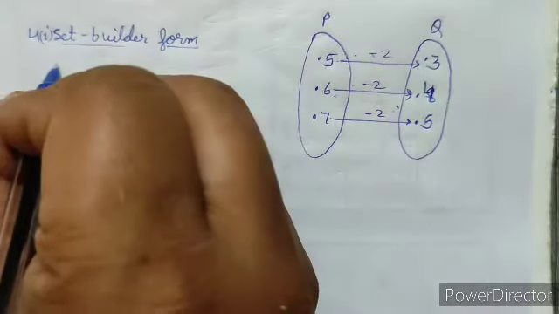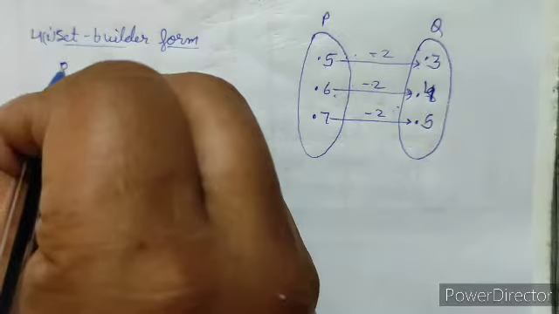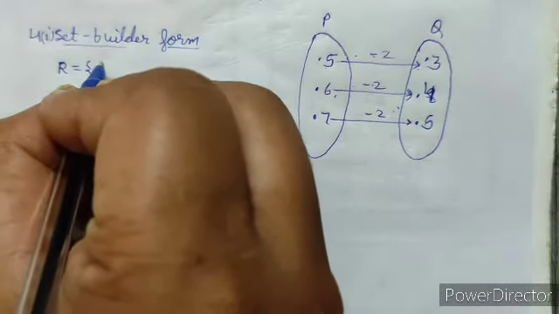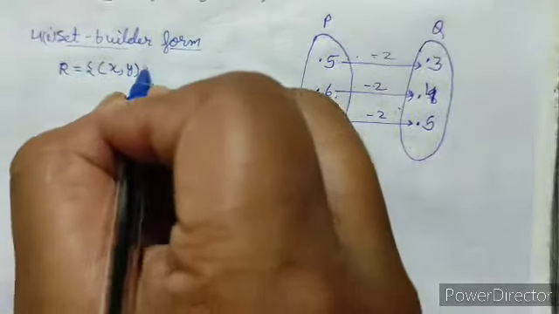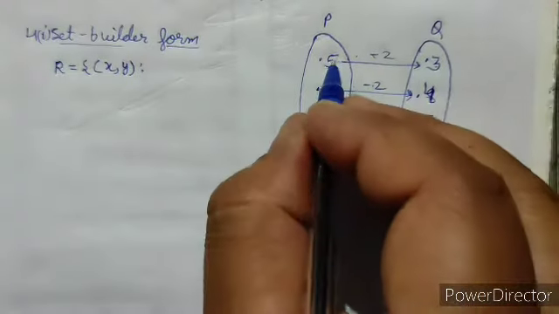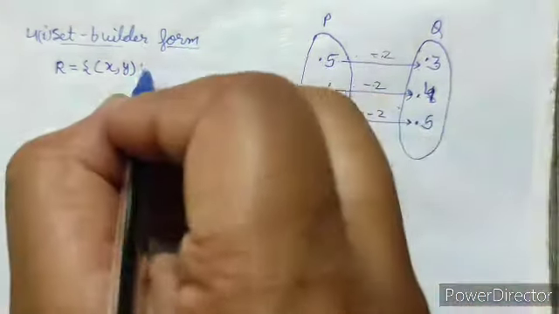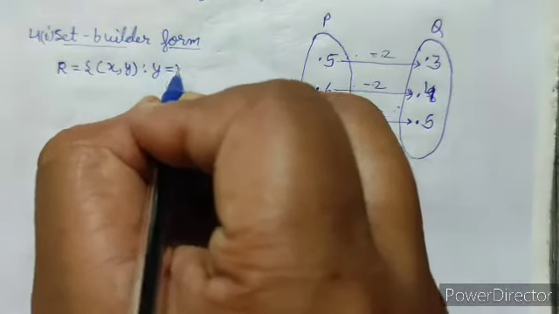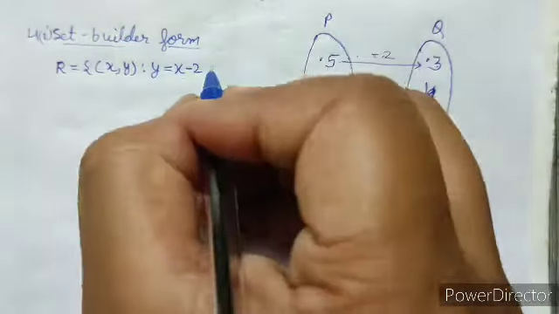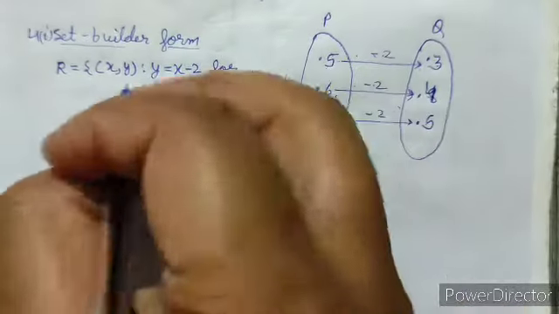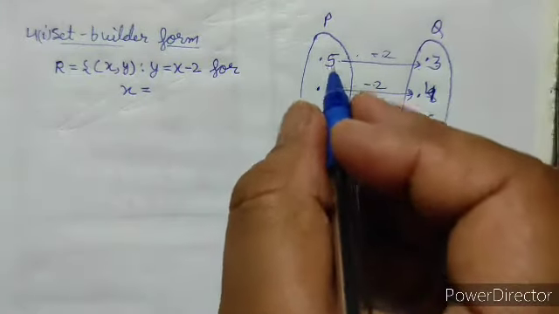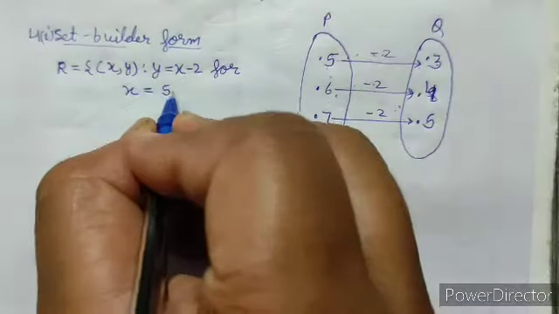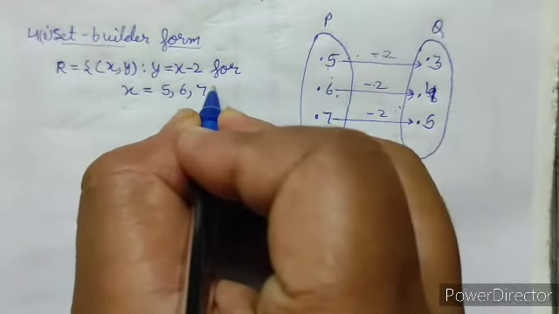That means in set builder form we can write the relation as {(x, y) : y = x minus 2, for x equal to 5, 6 and 7}.